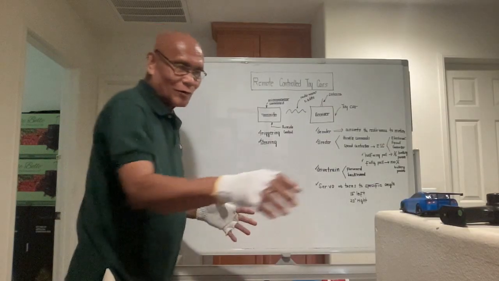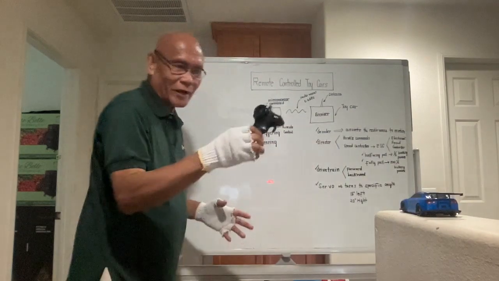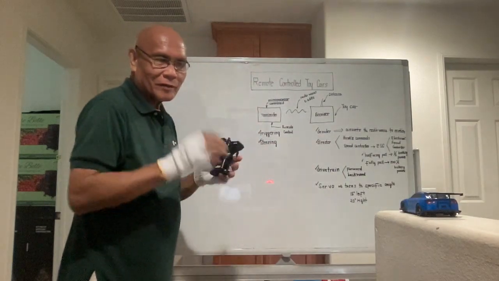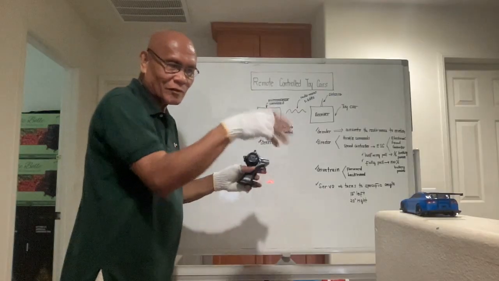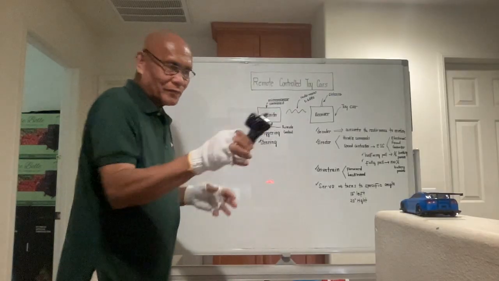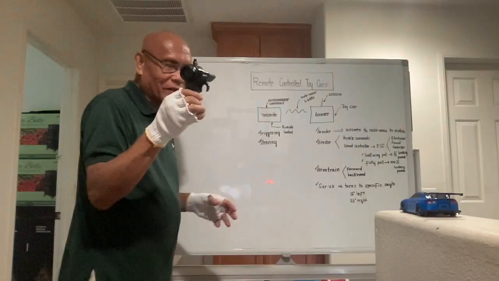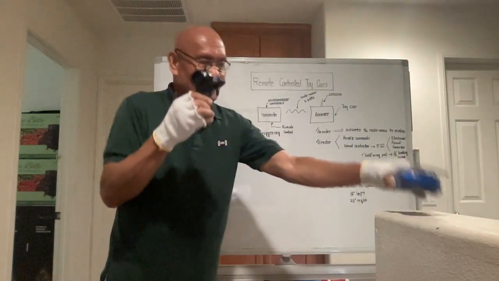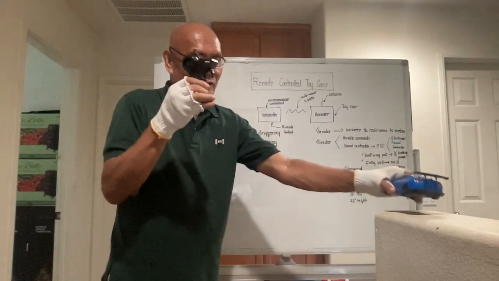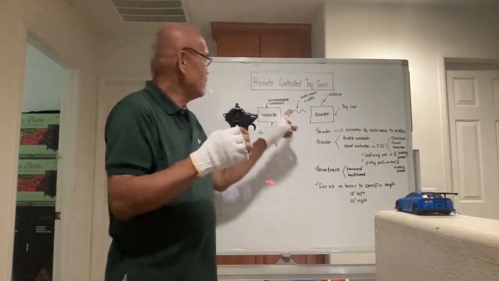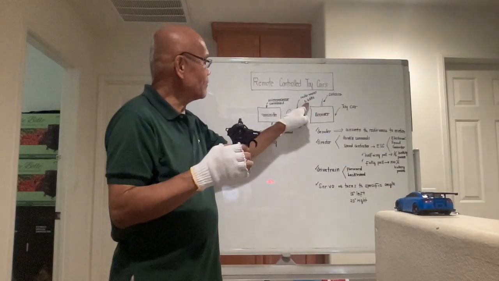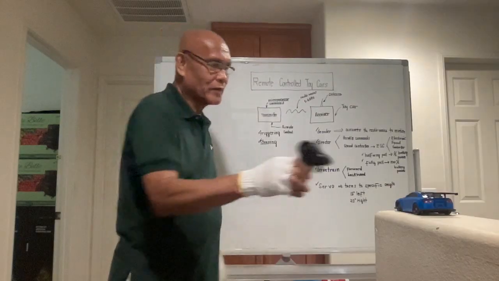So if you operate this one, it might interfere with the operation of some of the things inside your house. So this is the transmitter, this is the receiver, and they communicate by using radio waves, and the frequency is 2.4 gigahertz.